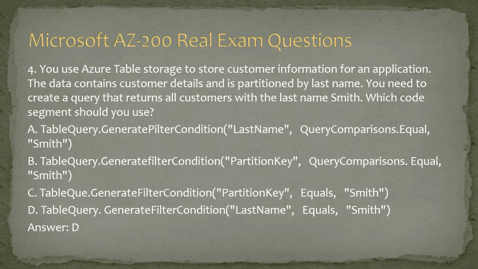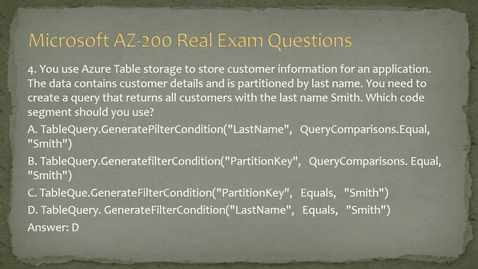4. You use Azure Table Storage to store customer information for an application. The data contains customer details and is partitioned by last name. You need to create a query that returns all customers with the last name Smith. Which code segment should you use? A. TableQuery.GenerateFilterCondition("LastName", QueryComparisons.Equal, "Smith").